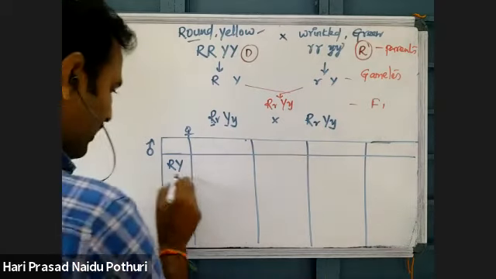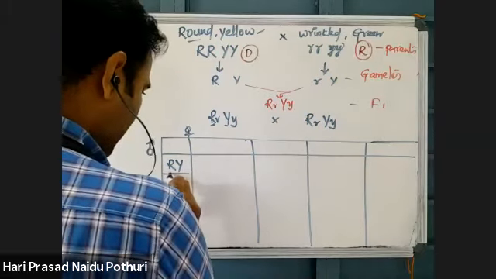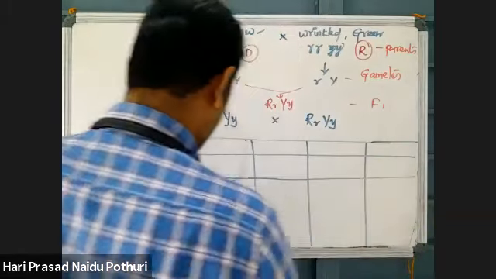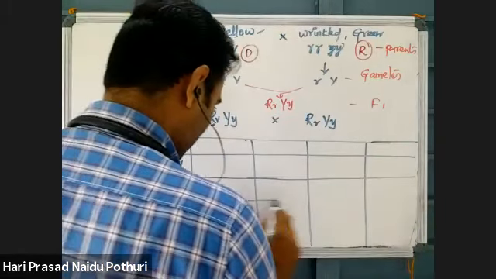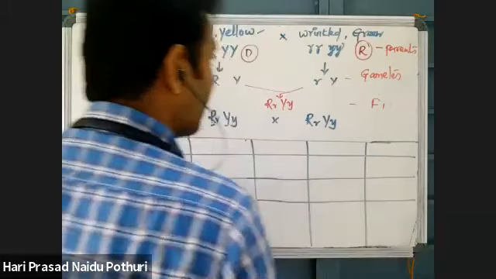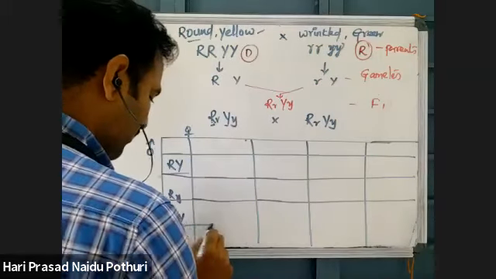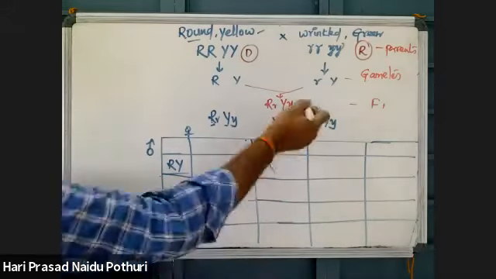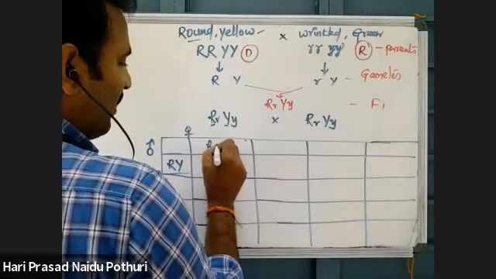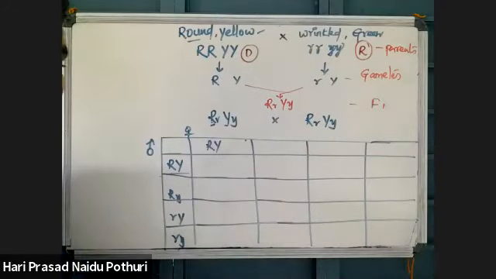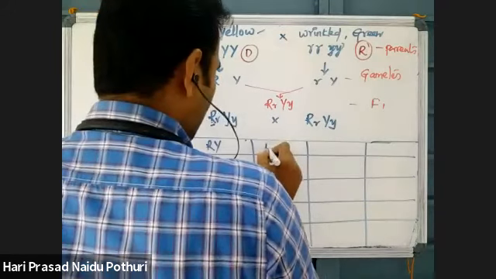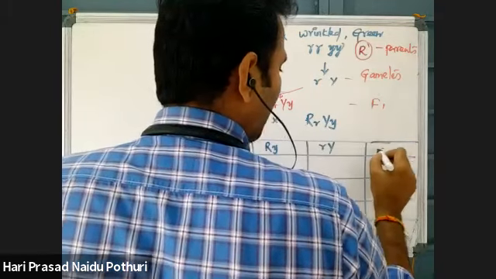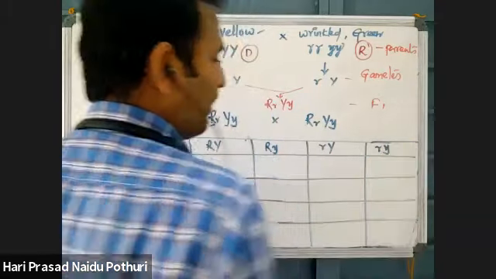First I will divide this equally, then it will come easy. Another parent is also producing capital R, capital Y, one gamete; capital R, small y, one gamete; small r, capital Y, one gamete; small r, small y, another gamete.